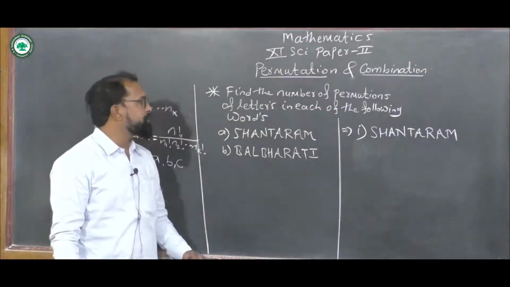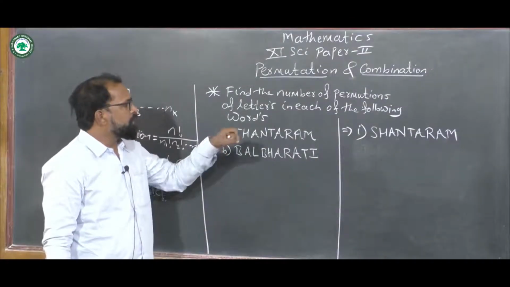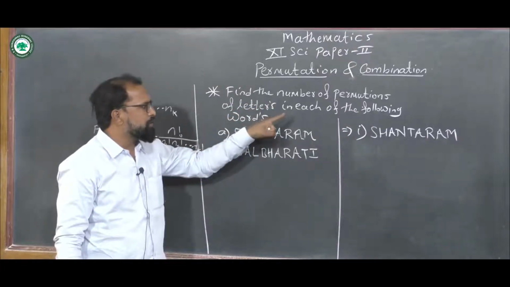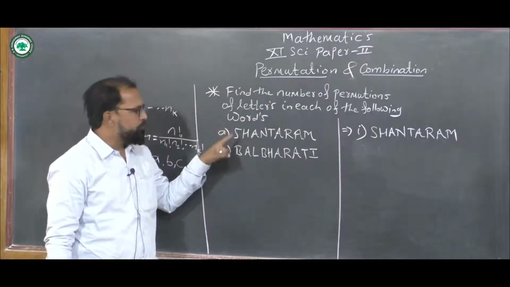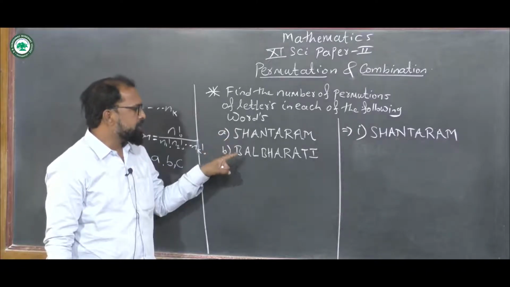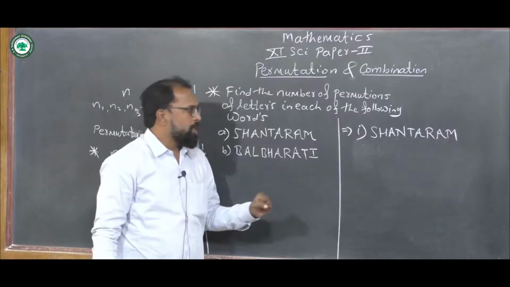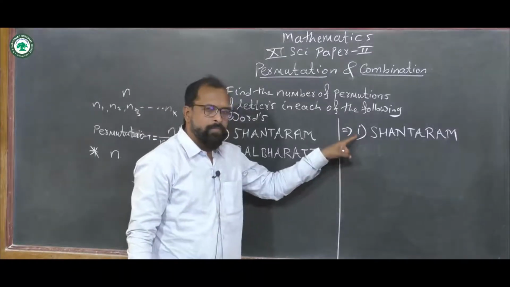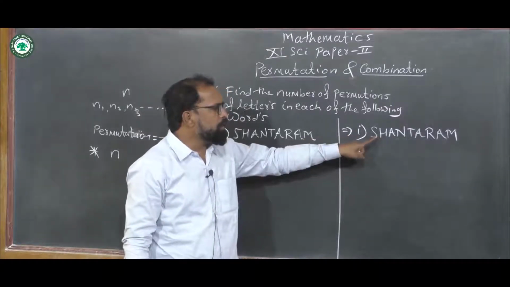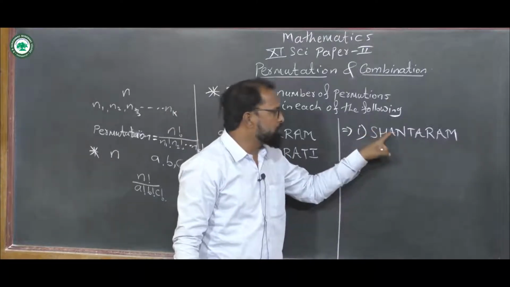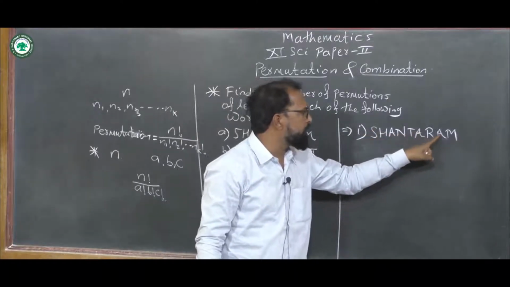Now we continue the example. Find the number of permutations of the letters in each of the following words. The first word is Shantaram and the second one is Bal Bharti. Now start with the first word. In this word Shantaram there are 9 letters in total, 1, 2, 3, 4, 5, 6, 7, 8, 9.